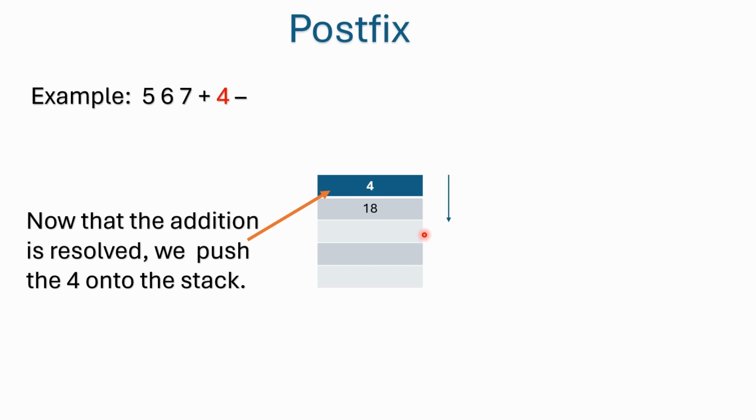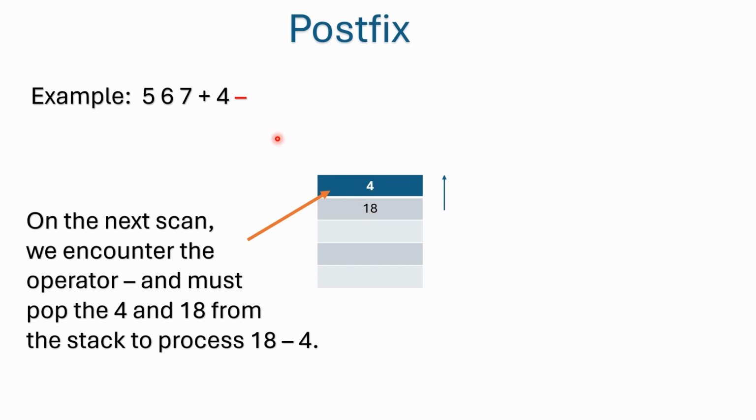So now that that addition is resolved, we push the 4 onto the stack because going left to right, remember, postfix, we're evaluating left to right. We have a 4, so we push that on the top of the stack. The 18 would move down one position. Then going left to right, we run into a subtraction operator.